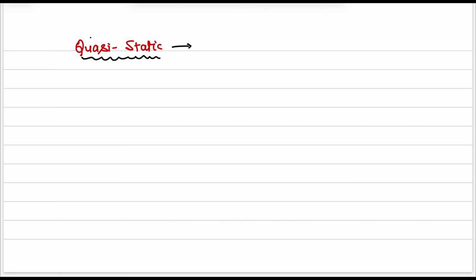Quasi means not full. In English, the word quasi is not 100%. Static means static, stationary. That means it is almost near to stationary but not stationary. The process moves very slowly.